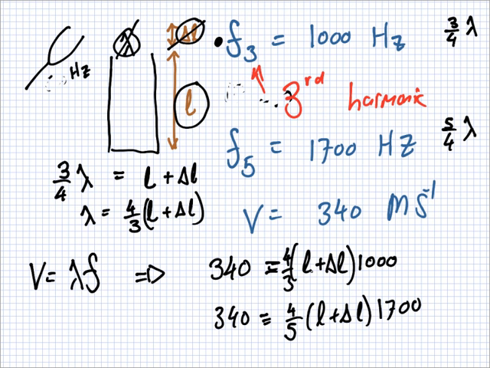If I multiply that out, the question, if you're wondering what I'm thinking about, is here. I'm not sure if I should have closed my bracket here and put the delta L outside. I think I should have. Yes, I should have.